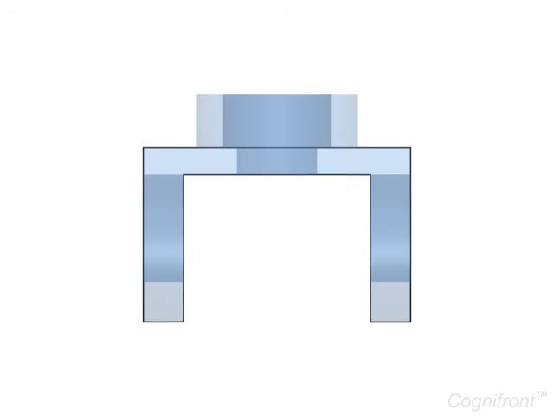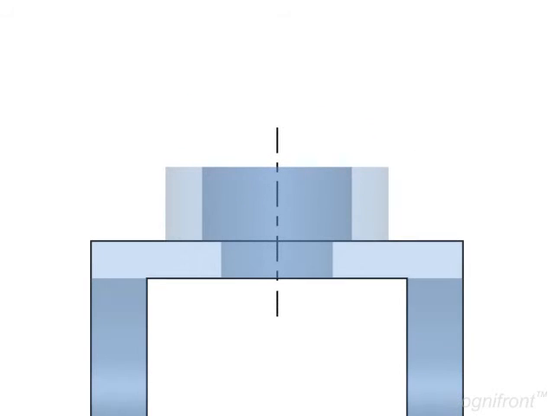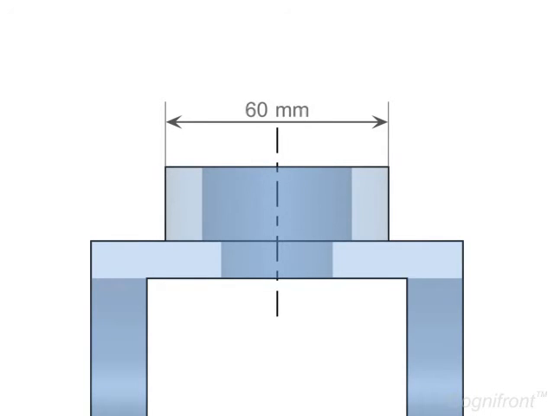Now, on the top of this rectangular slot, there is a hollow cylindrical block of diameter 60 mm which appears as a rectangle of 60 mm by 20 mm.